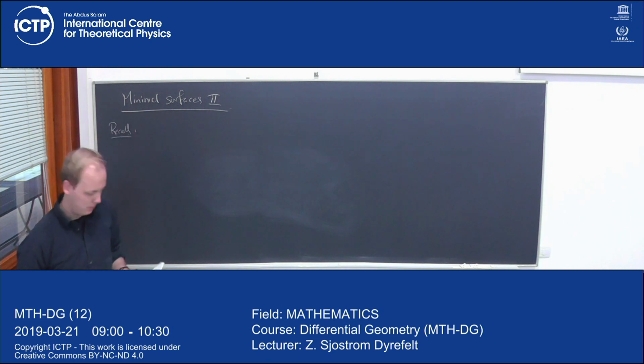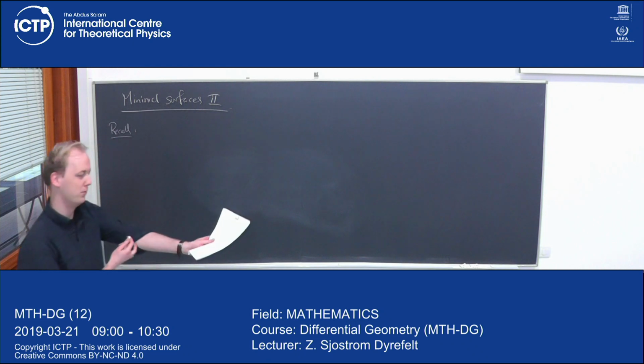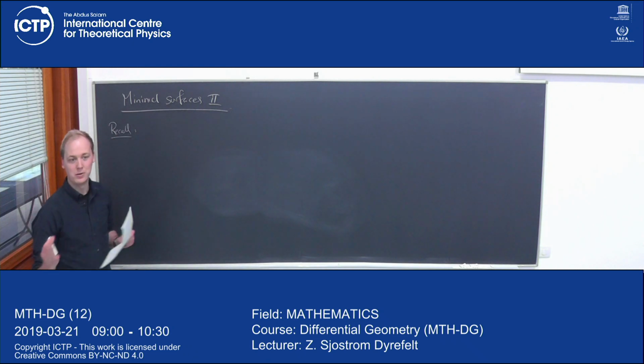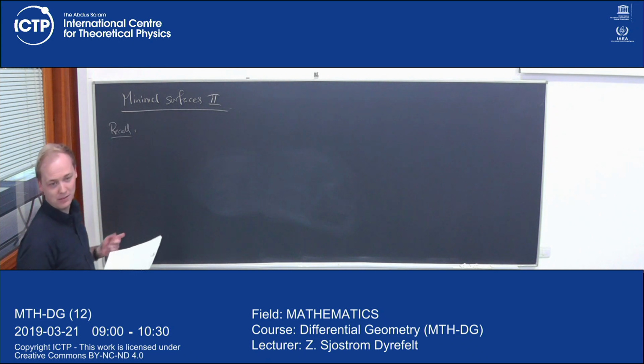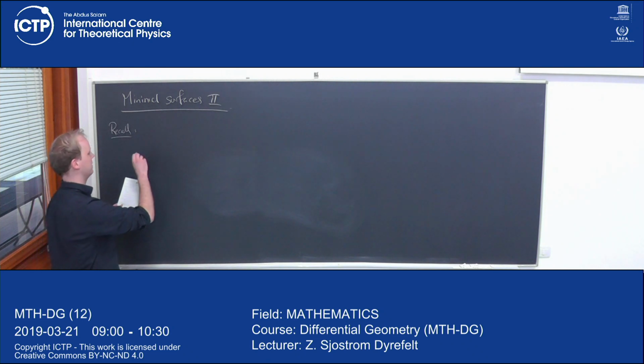So at the end we proved a proposition about how the coordinate functions are harmonic if and only if the surface is minimal, provided that you have an isothermal parameterization.